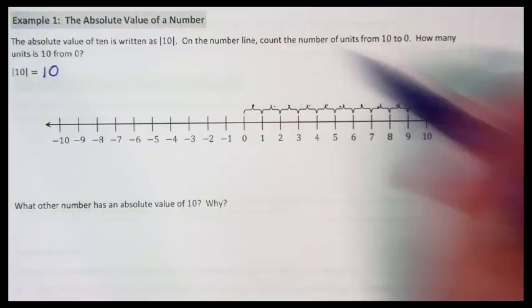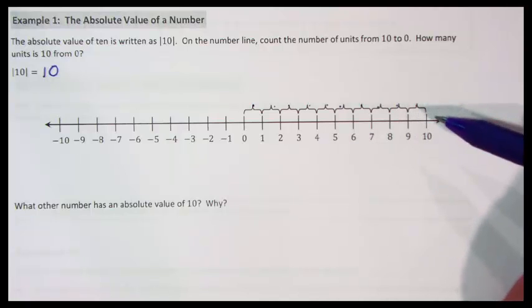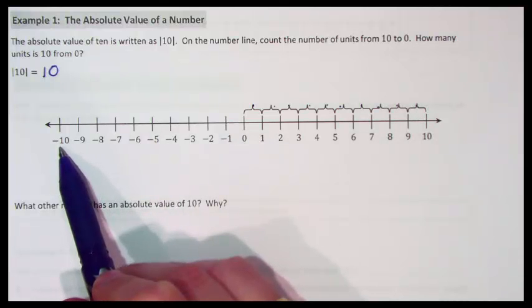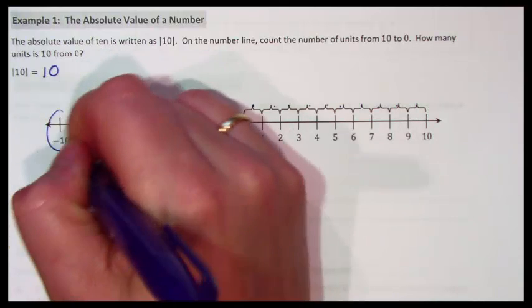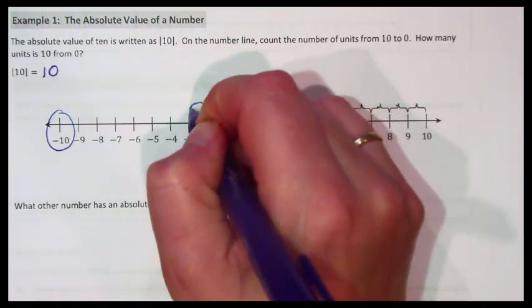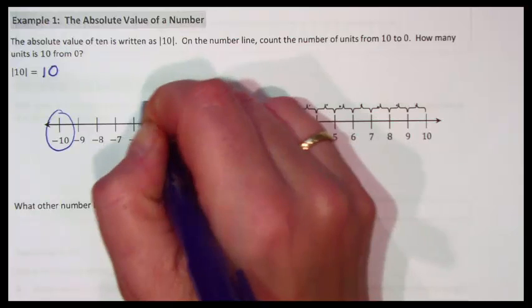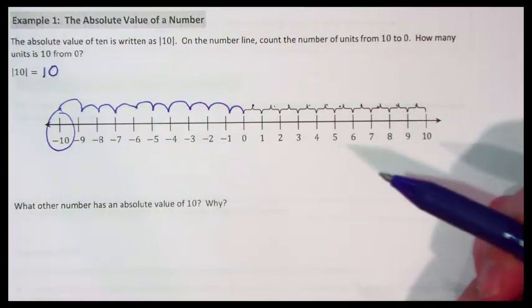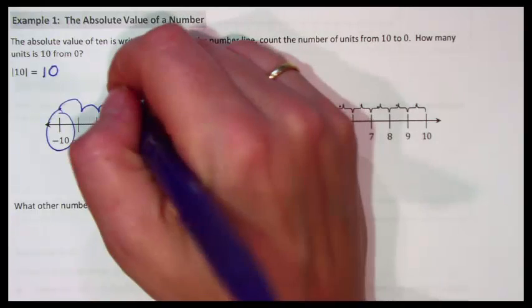There's another number on this number line that has the same absolute value, the same distance from 0. But I need to go in its opposite direction. Negative 10, right there, is 10 units. 1, 2, 3, 4, 5, 6, 7, 8, 9, 10. 10 units to the left of 0.